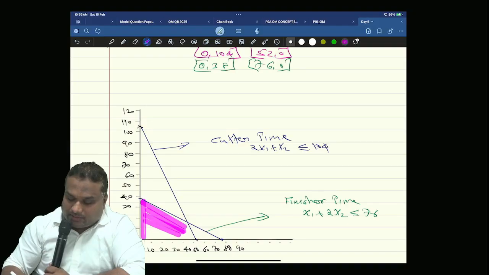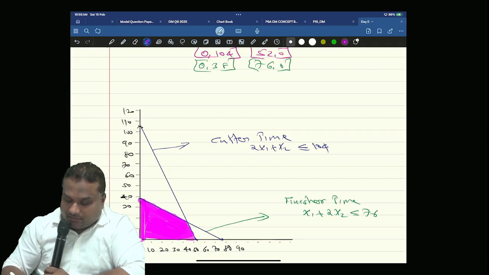You understood how to shade it? Have you got an idea which area we need to shade?